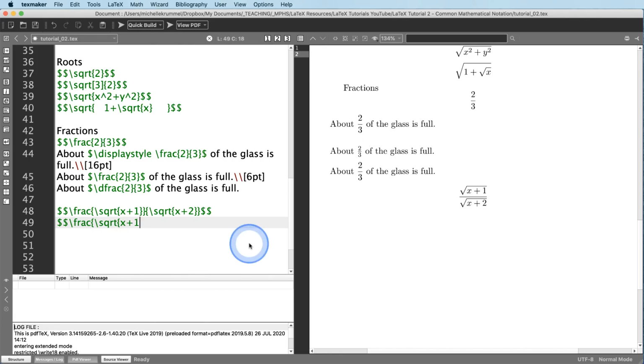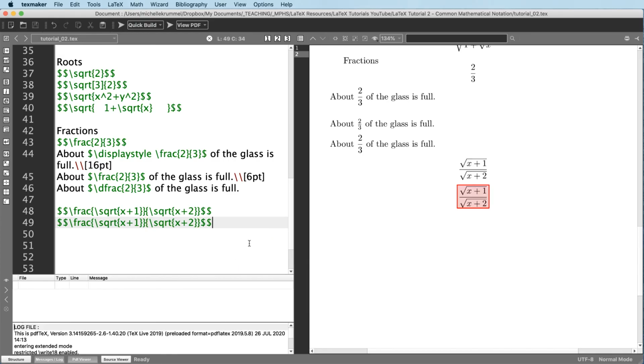So x plus 1, close it for the square root, close it for the numerator. Then we open curly brackets for the denominator, backslash square root, open curly bracket for the square root, x plus 2, close the square root, close the denominator, and then close math mode. And there we go.